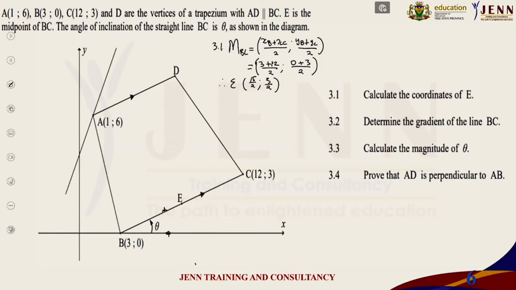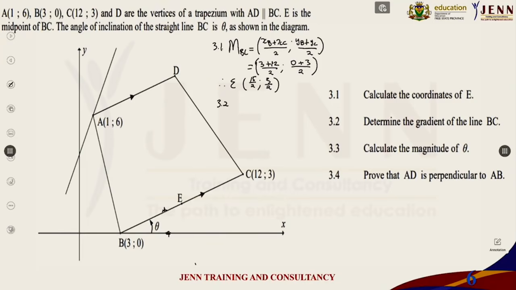Okay. Let us go to the next question. 3.2, determine the gradient of line BC. This one is very straightforward. I say it is very easy because I have the coordinates of B and the coordinates of C. So I go to my formula.